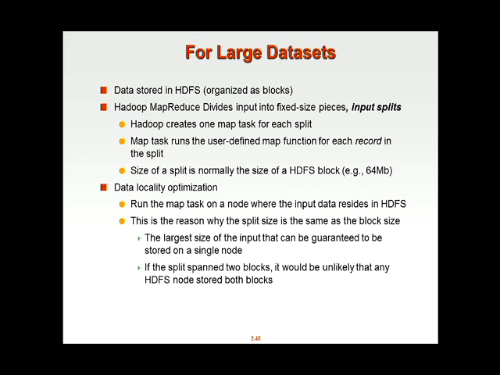If one split covers two blocks, then it is hard to move the computation to the data, because these two blocks may not be stored on the same computer. In that case, we would need to move this map task to different computers, which is very complicated for the MapReduce framework. So normally we just make sure that one split corresponds to one data block, and then we can move the map task to this block.